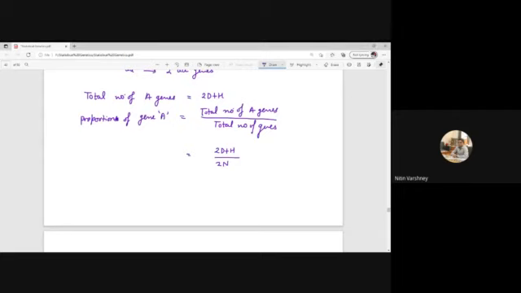So this will be 2N, and we have denoted that the proportion of gene A is P, small p.